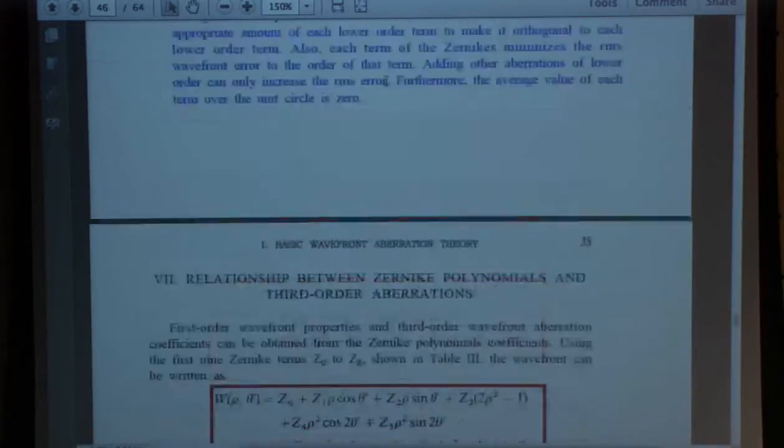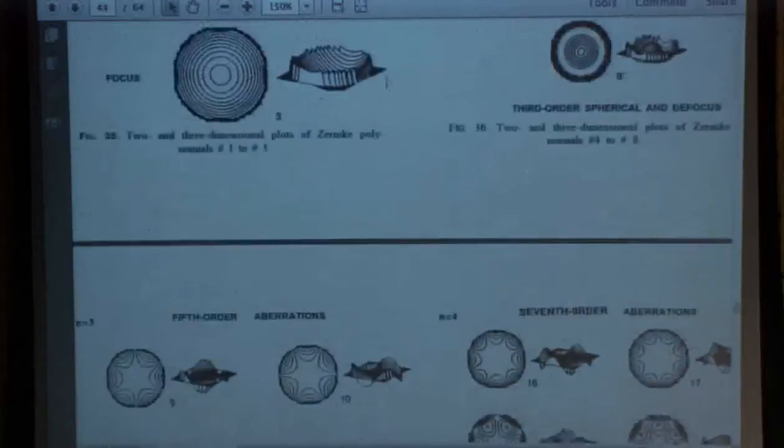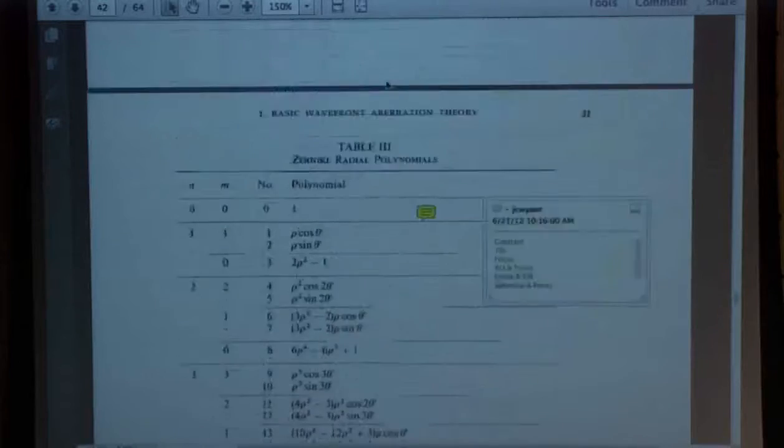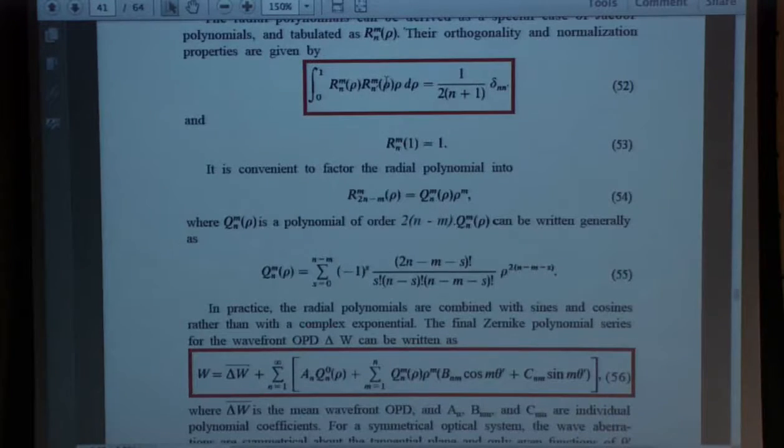So the A's and B's and N's and M's, let's go back here and look just what they are. Can I find them here? So the A's and B's are the coefficients here for the rotationally symmetric and the non-rotationally symmetric terms.